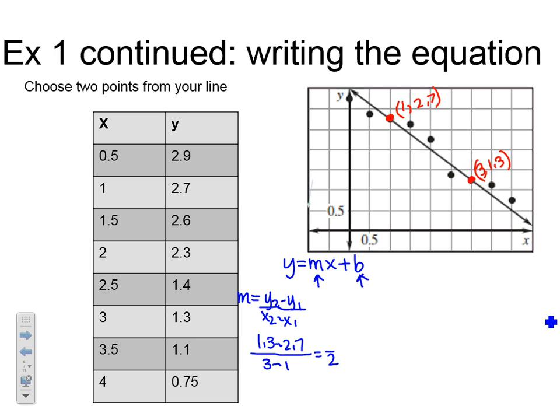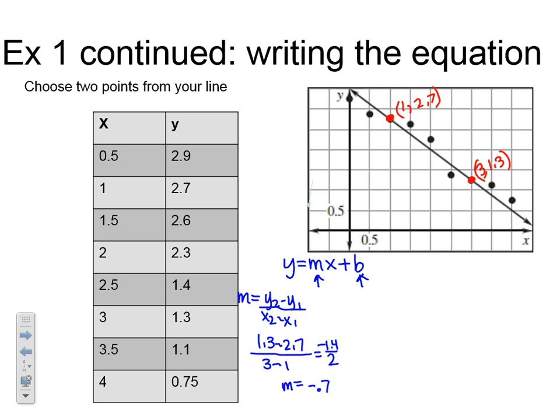And that will give us 1.3 minus 2.7 is negative 1.4, divided by 2, and my slope is negative 0.7.